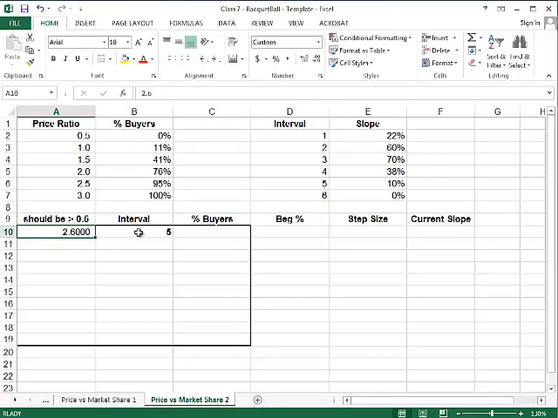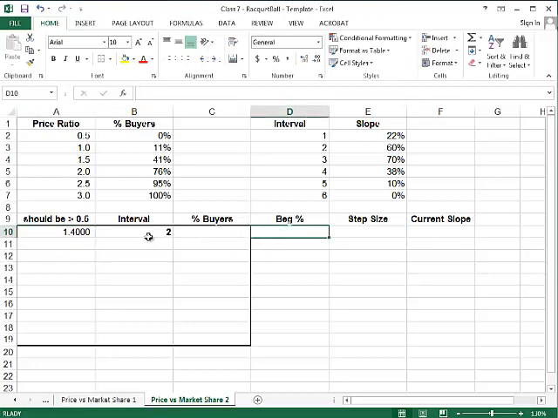So once I find the interval, the next thing I need to figure out is what is the beginning percentage there, how much of a step size do I have given this value from the beginning of the interval, and what current slope I should be using. So let's illustrate this for 1.4.